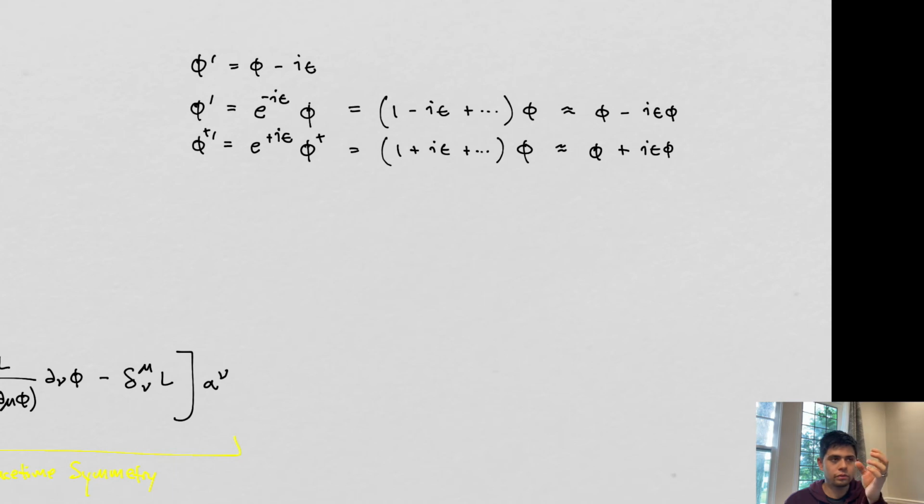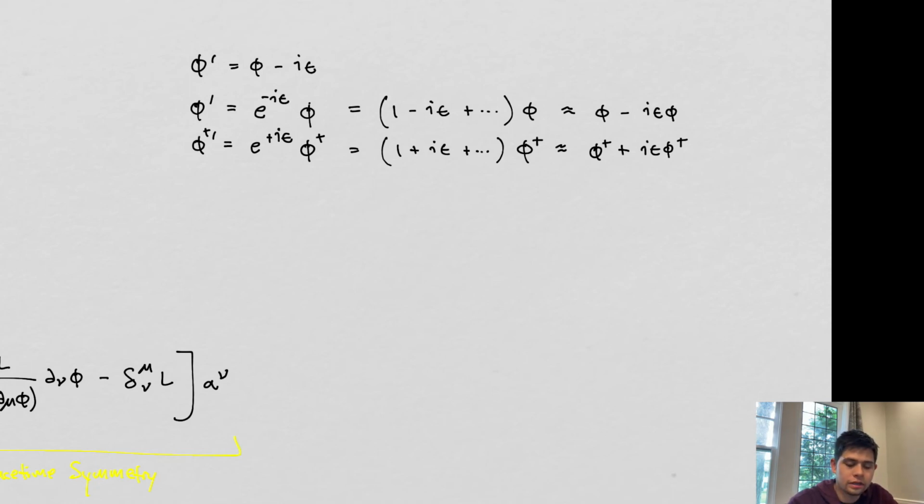So when we phase shift our field in one direction, we're also phase shifting the complex field in the opposite direction. And so these become the conjugate, right? These are the complex conjugates. That's what these daggers mean in the subscripts of the fields.